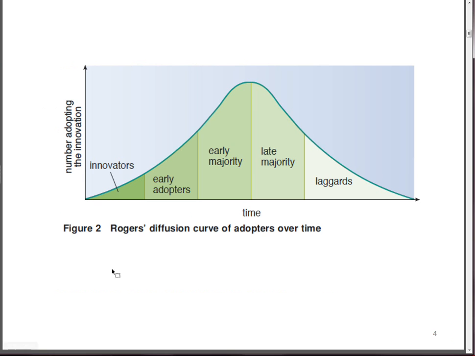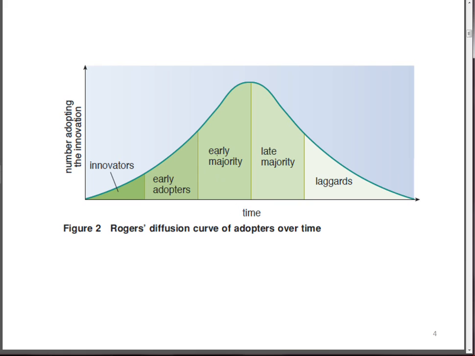Now you have already seen Rogers' diffusion curve. Do you remember this, Alex, in figure 2? Yeah. So that came before in previous blocks, but now we're looking at it from a different angle. If we still consider Rogers' diffusion curve, we think about the innovators, and then the early adopters, which are customers that will be happy to purchase anything new.